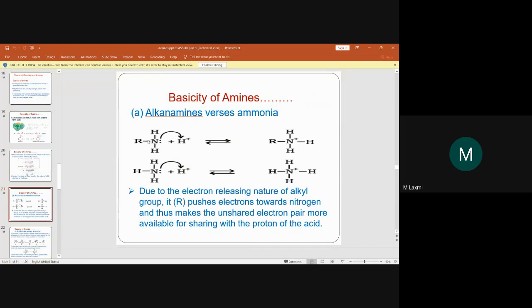They release electrons towards nitrogen, so the shared pair is easily available for sharing with the proton of the acid. Whenever they are going to share a proton, it means they are available for a reaction. So they are stronger bases. Why are they stronger bases? Because they are accepting a proton.